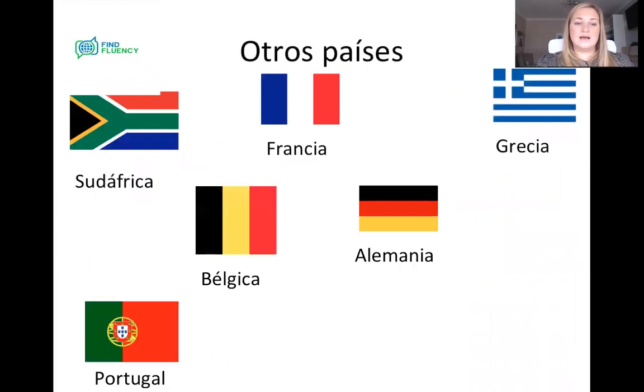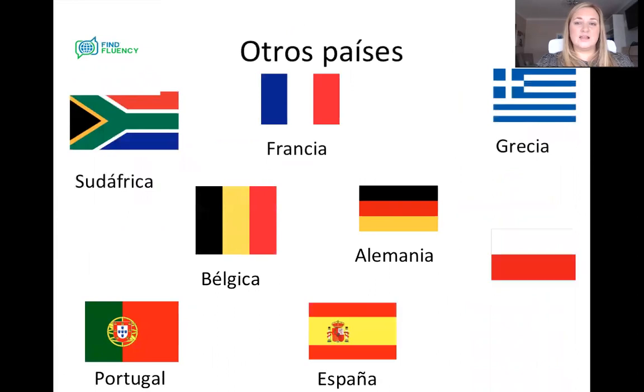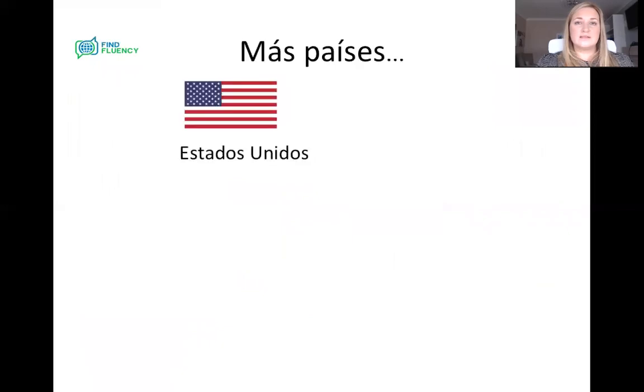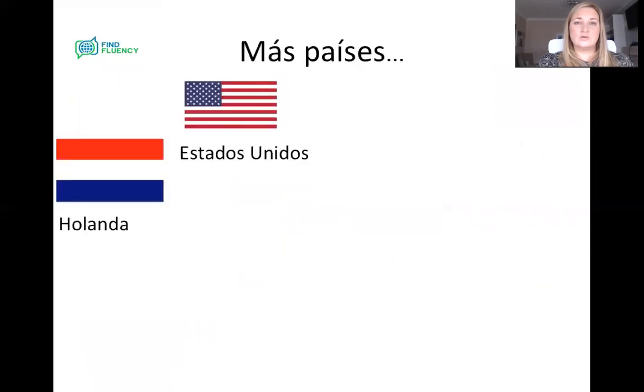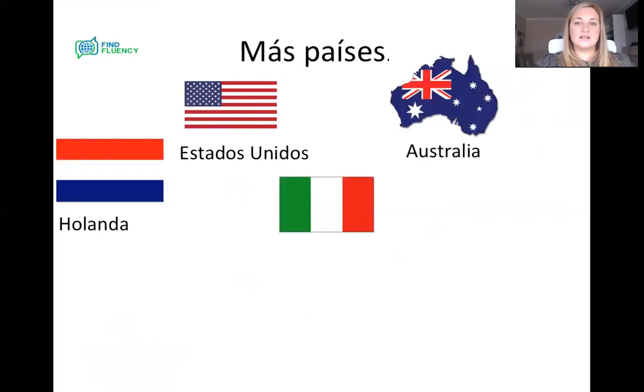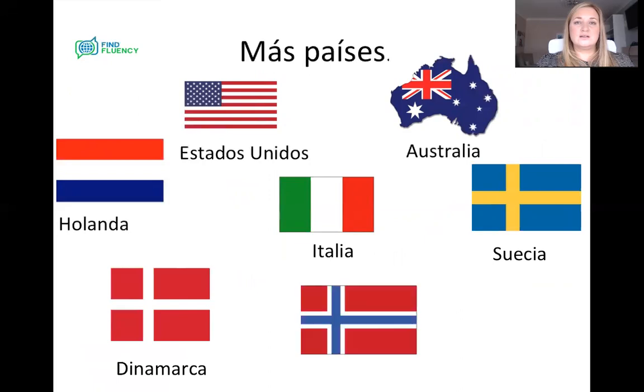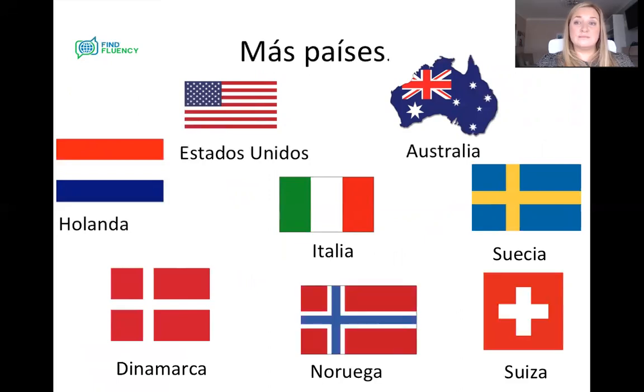Bélgica, Alemania, Portugal, España, Polonia. And Estados Unidos, Holanda, Australia, Italia, Suecia, Dinamarca, Noruega, Suiza.